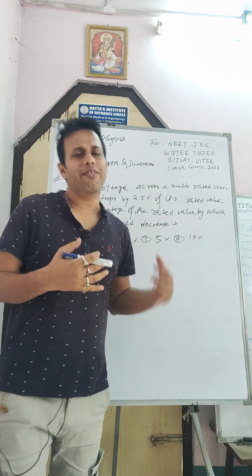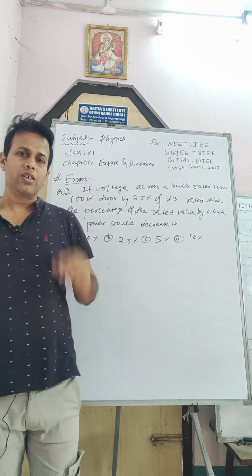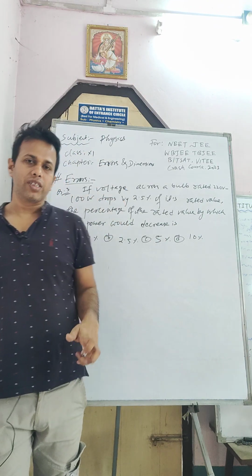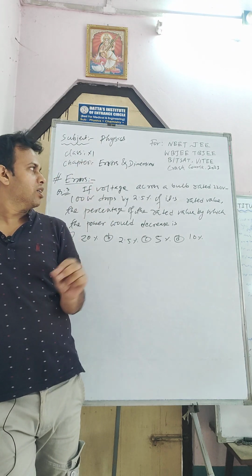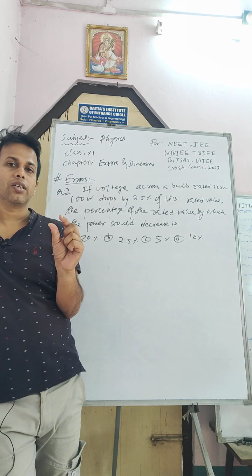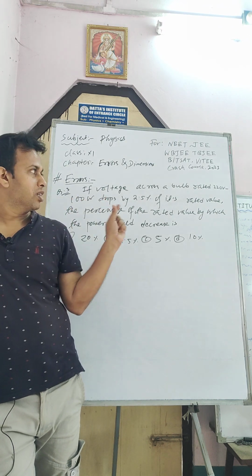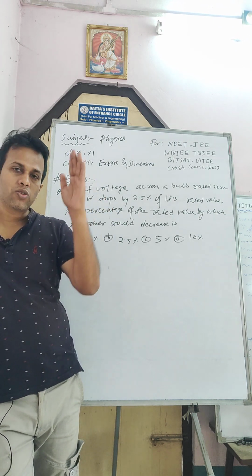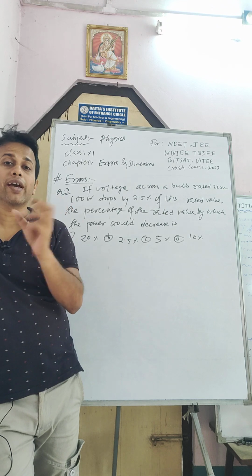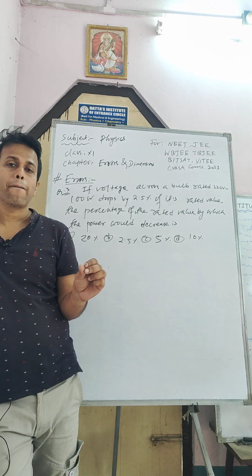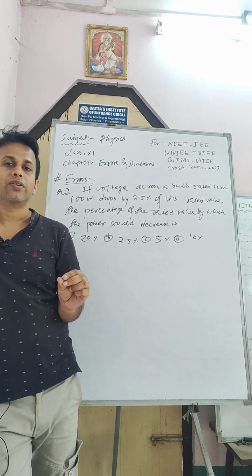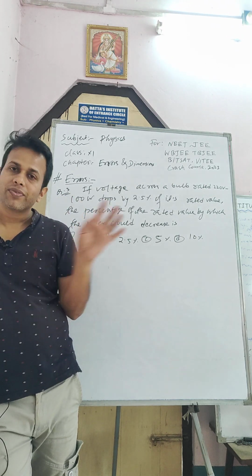Sometimes in our household also the voltage fluctuates, sometimes it may be low, sometimes high. So here the question is: if the voltage, that is given 220 volt, drops by 2.5%, that is voltage error, then what will be the power drop in that case?